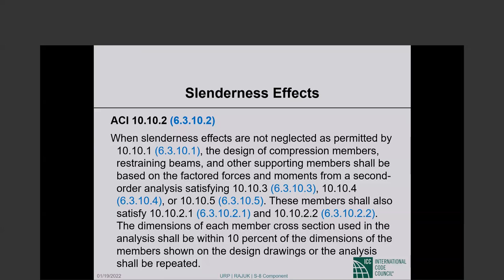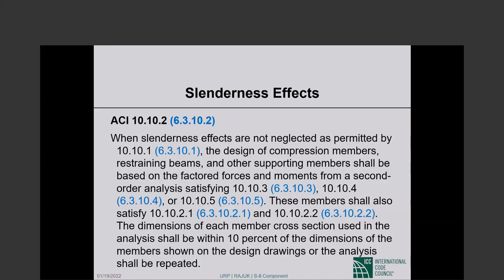These members shall also satisfy 10.10.2.1 and 10.10.2.2. We'll look at that. The dimensions of each member cross-section used in the analysis shall be within 10% of the dimensions of the members shown on the design drawings, or the analysis shall be repeated.